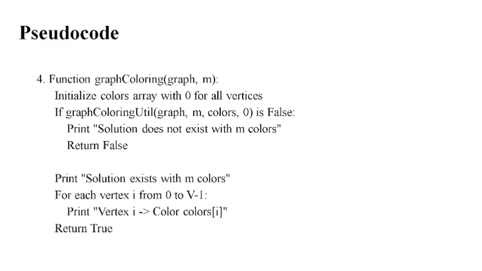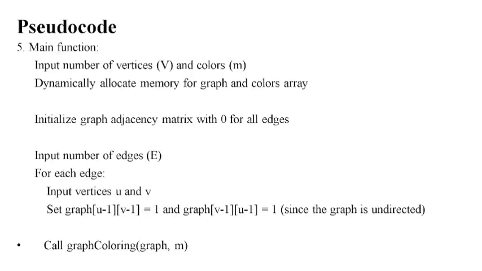Function graphColoring graph, m. Initialize the colors array with 0 for all vertices. If graphColoringUtil graph, m, colors, 0 is false, print solution does not exist with m colors, return false. Or print solution exists with m colors, and for each vertex i from 0 to V minus 1, print vertex i is equal to colors of i. Return true.